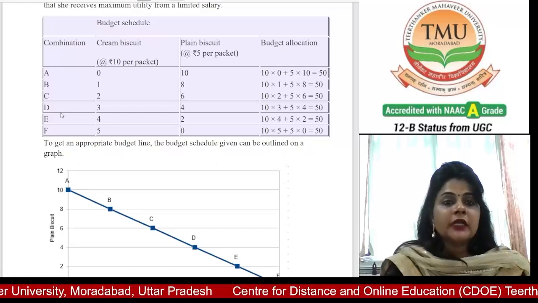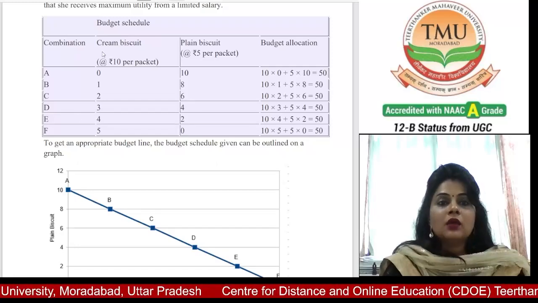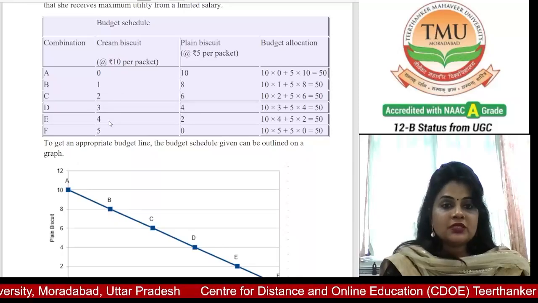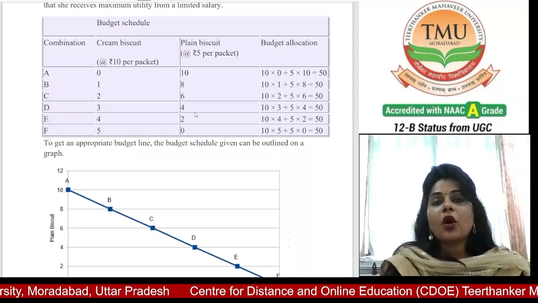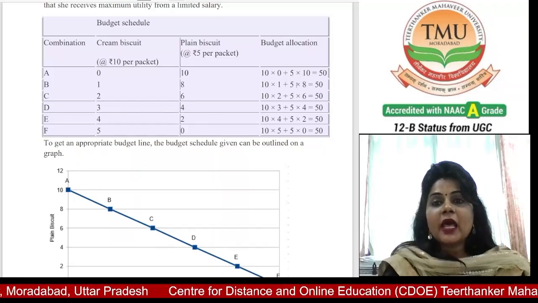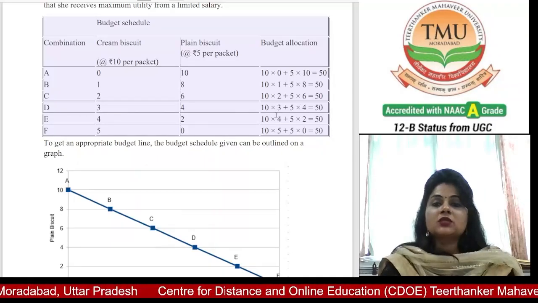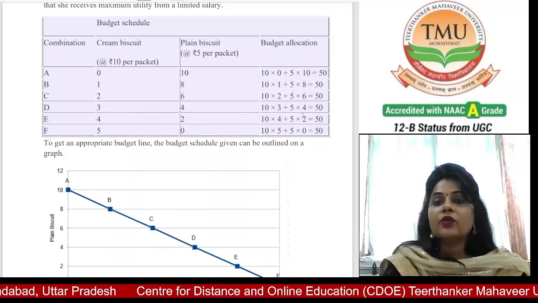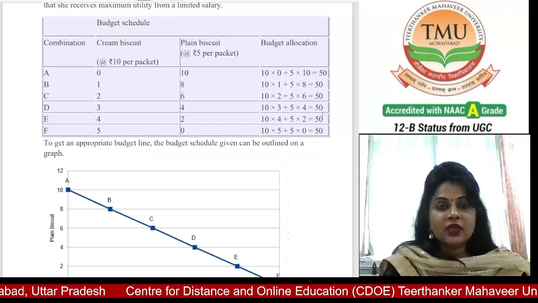Now see the combination D. Here, Radha bought three cream biscuits, and she also bought four plain biscuits. Now see the budget allocation: 10 multiplied by 3 is equal to 30, 5 multiplied by 4 is equal to 20, 30 and 20 is equal to 50.